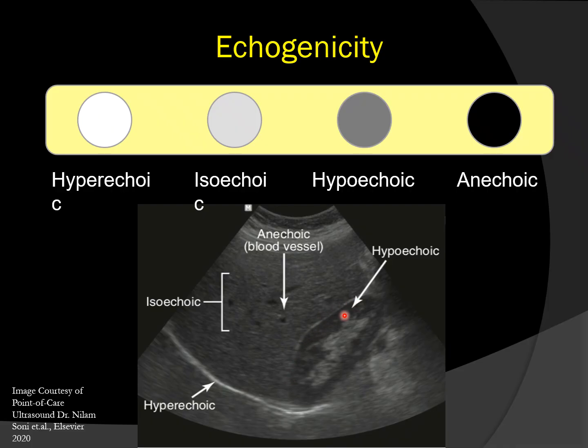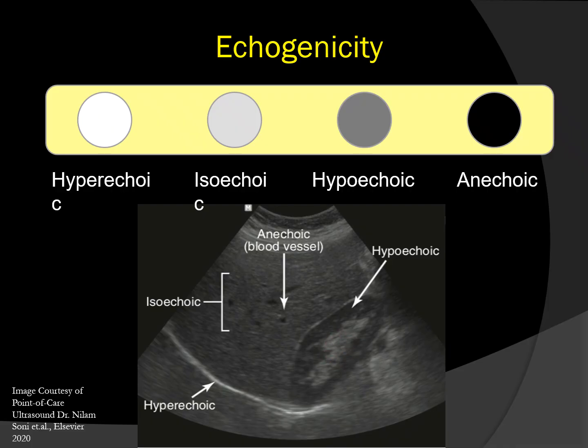Here is the hepatic renal recess, and then we have the kidney, and the renal cortex on the outside appears hypoechoic, and that is the transition between anechoic and isoechoic. The renal pelvis, you can differentiate quite easily between the cortex and the healthy kidney, and it appears slightly brighter than the outer cortex, and that has to do with the amount of fat within the renal pelvis.